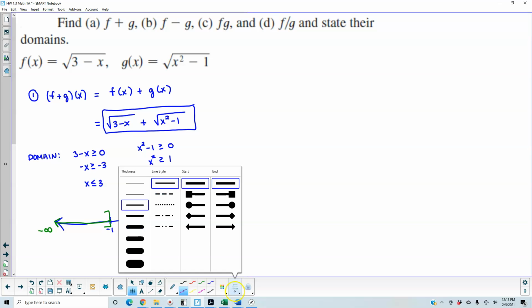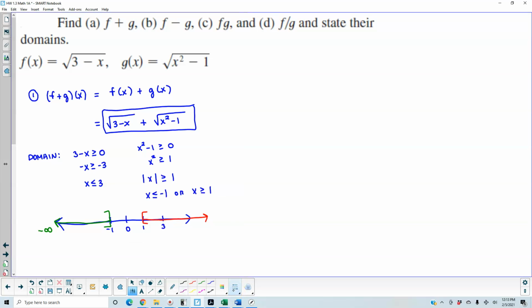And we know that x is less than or equal to positive 3. So therefore, they intersect in between here, and our domain is going to go from negative infinity to negative 1 bracket union bracket 1 comma 3.